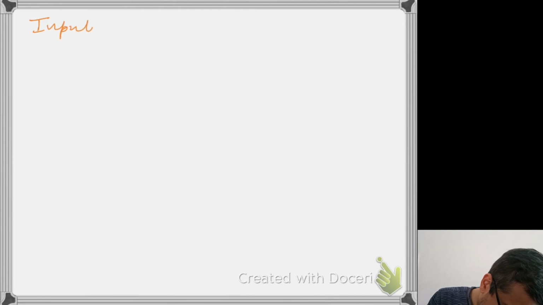So let's see how it works in practice. So in practice, you have your input which is sum over j xj ket j.